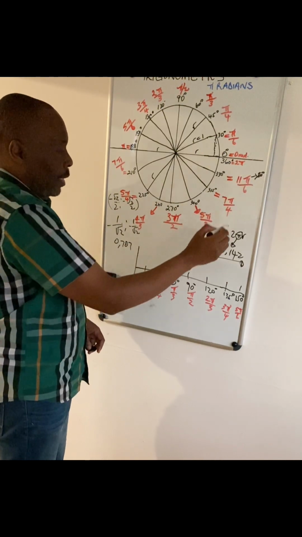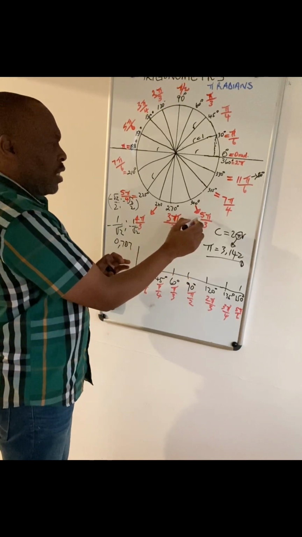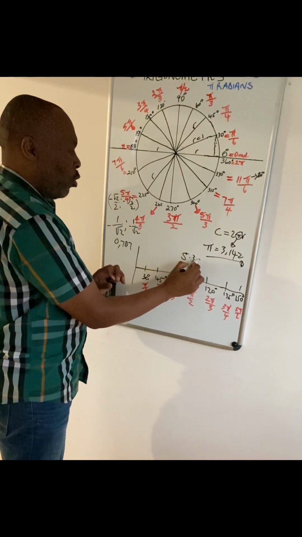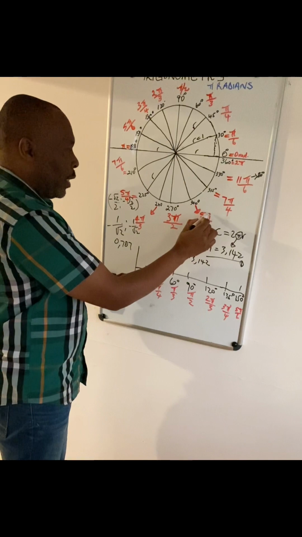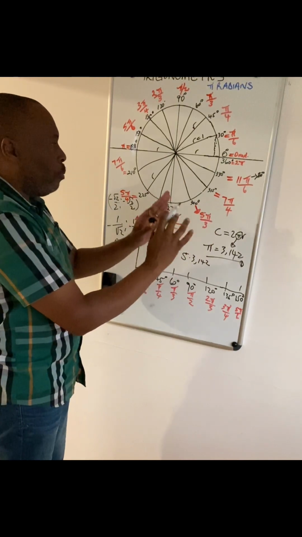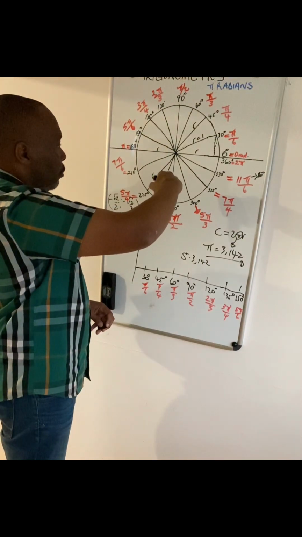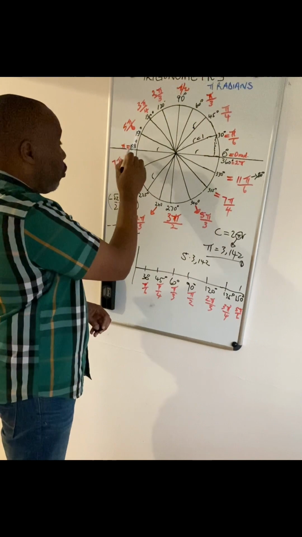This one represents 180 degrees. So I don't want you to confuse pi with, if this is 5 pi over 3, why don't we say 5 times 3.142? No, that's not what we're looking at here. We're looking at this pi, the complete angle, remembering where we came from, how we got to find 2 pi and how we got to find pi.